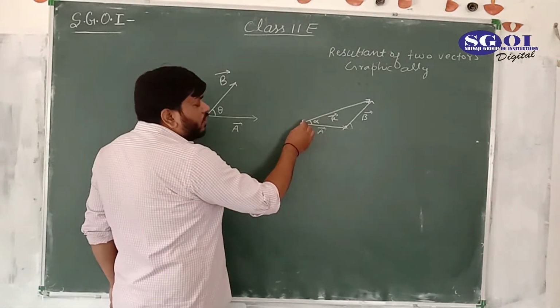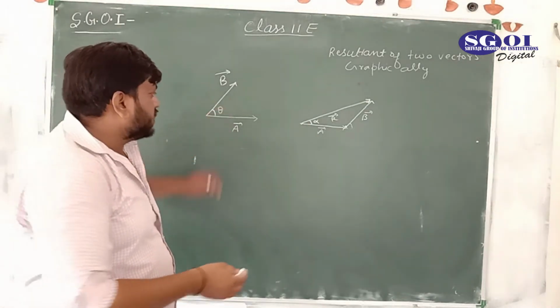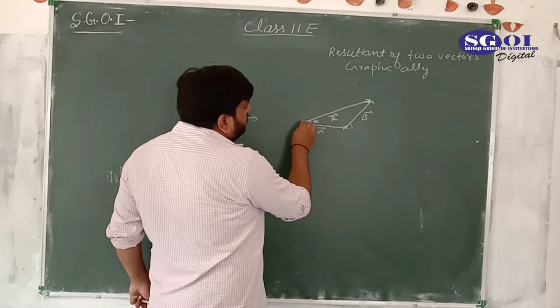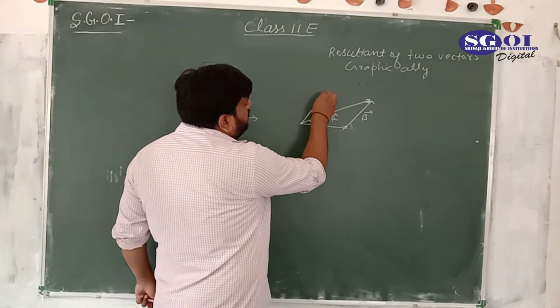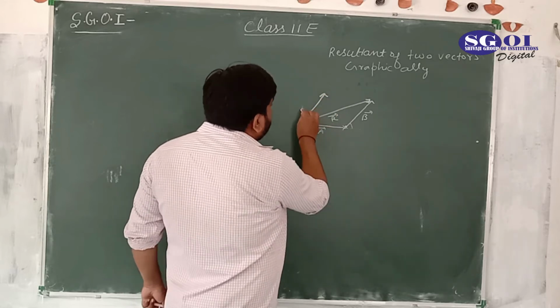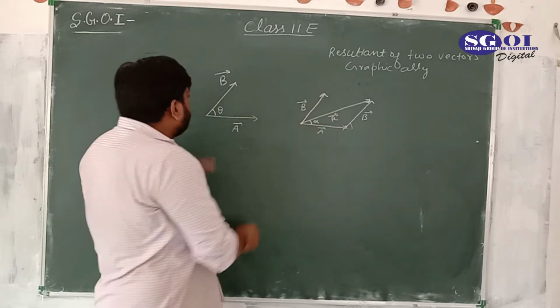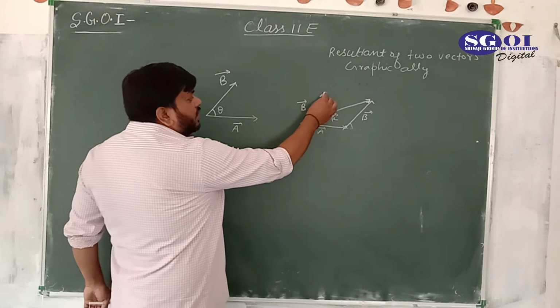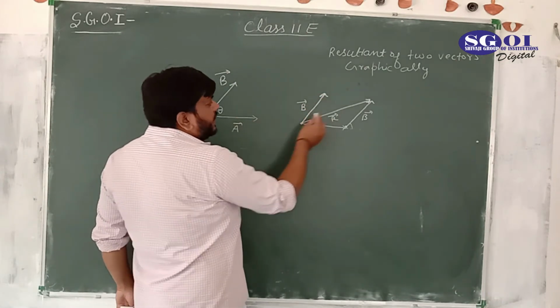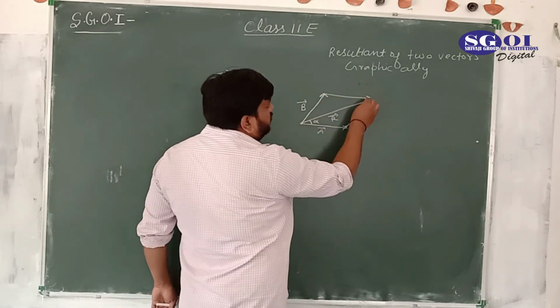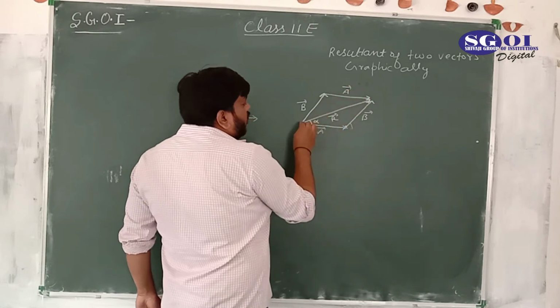Suppose from here I want to draw the vector B first. This is the vector B in this direction, and from the head of this vector we would draw the vector A, which is in this direction.